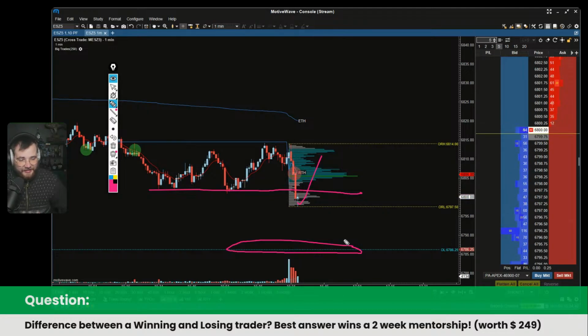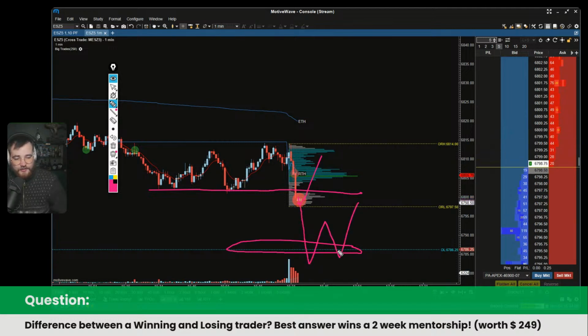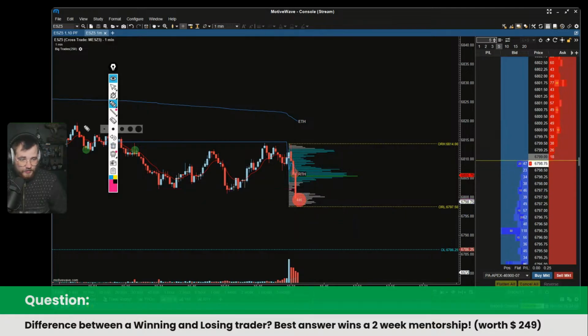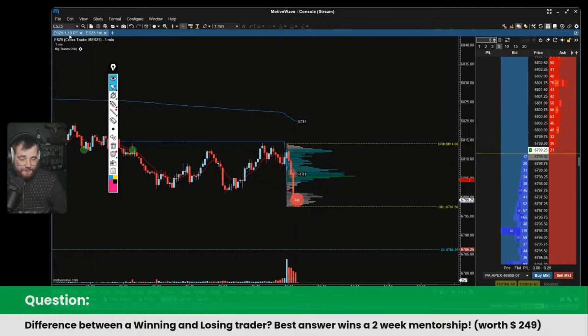That's very rare, right? One or two out of 100 sessions, that doesn't happen. So very likely that the overnight low gets taken out, and then we have some type of reaction to the upside, or then we just continue moving to the downside.